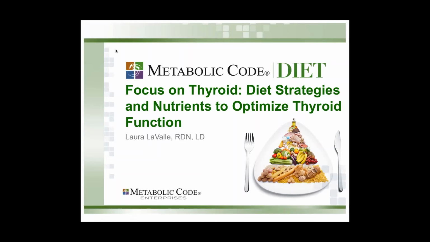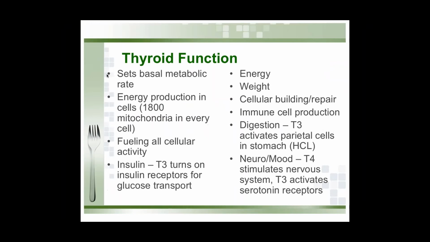So I don't want to belabor this point too much. We all, as practitioners of different types, know that thyroid function sets our basal metabolic rate and therefore influences the energy production capabilities of our body. That's really what we're trying to do with thyroid function: we're trying to get every mitochondria in the body efficiently producing ATP molecules and maximize that as much as possible.